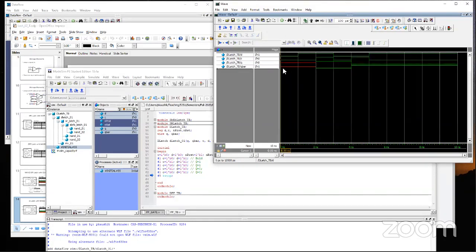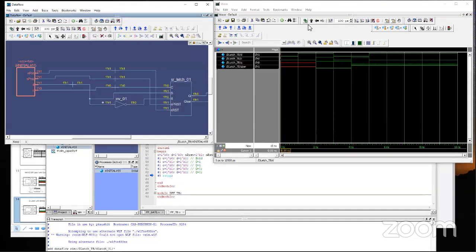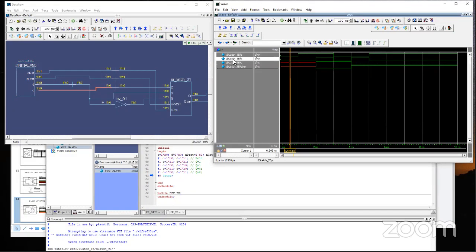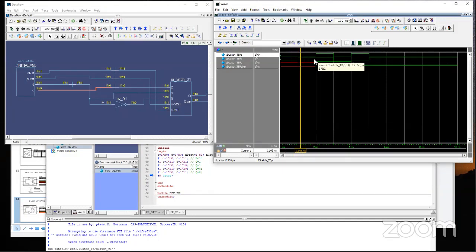All right, so here's what is happening. Let me bring the C signal up. C is 0, D is 0, and C 0 means hold condition. Since we did not set this element to any preset or pre-configured logic value, it is still unknown. Even if we change D, it does not affect Q, which is still unknown.